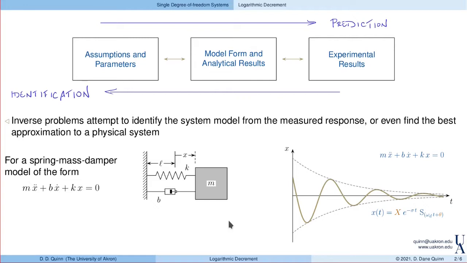So the real question that we ask is, given the system response, right? So that would be x of t. Maybe this is a measurement that we take from the lab, right? As opposed to some predetermined function. But again, if we have only this measured response, can the system parameters be identified?